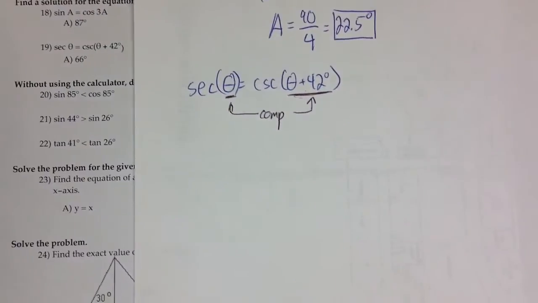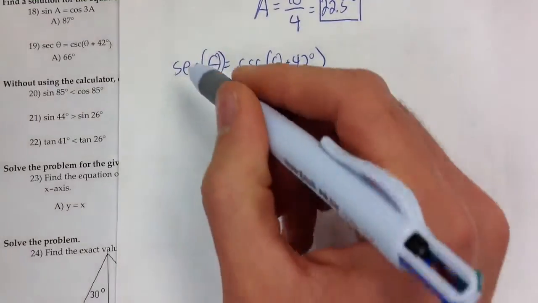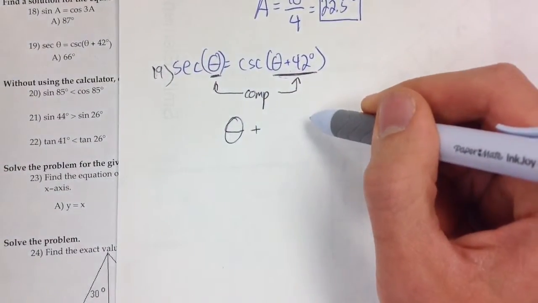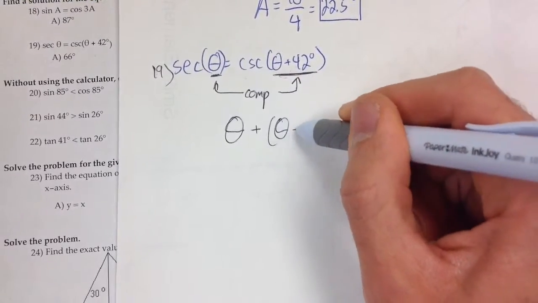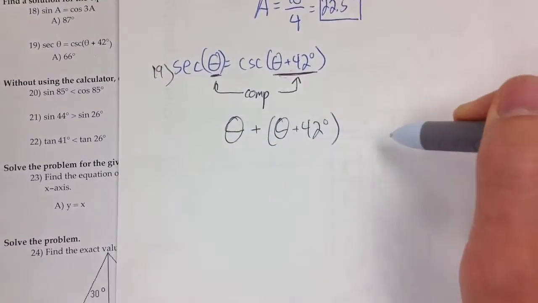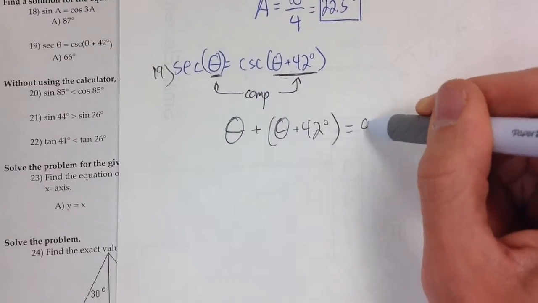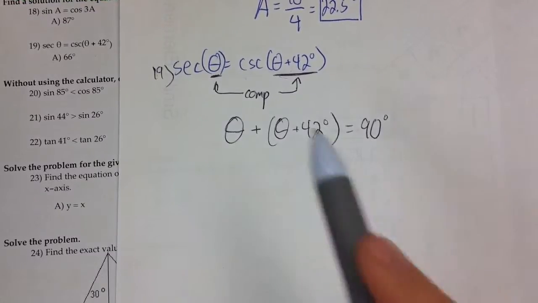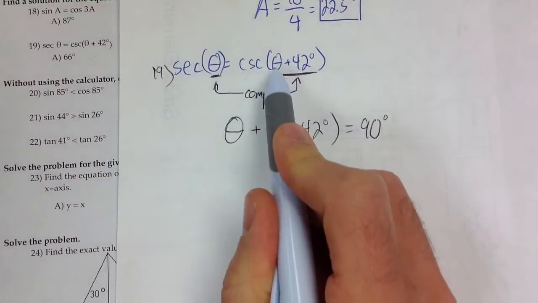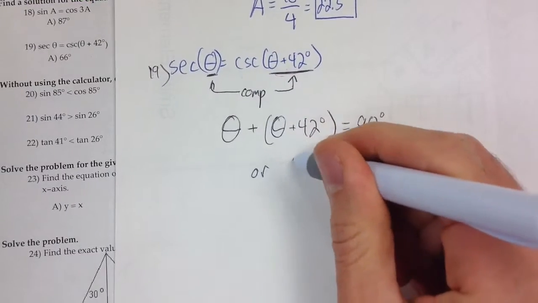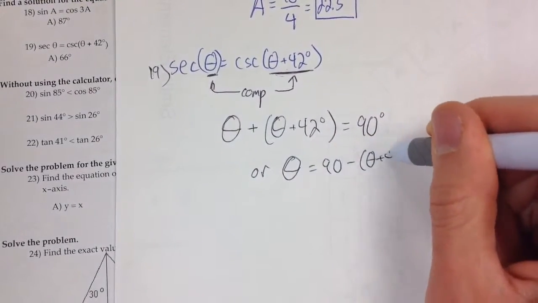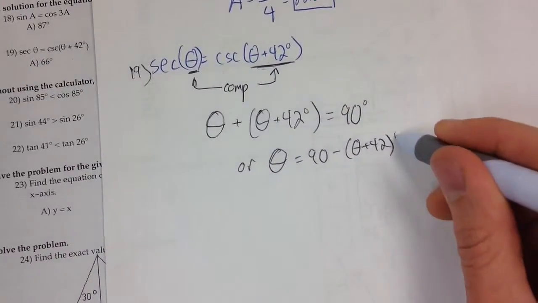So set up an equation using that knowledge. Good. You could also do theta equals 90 minus this. You'll get the same thing.